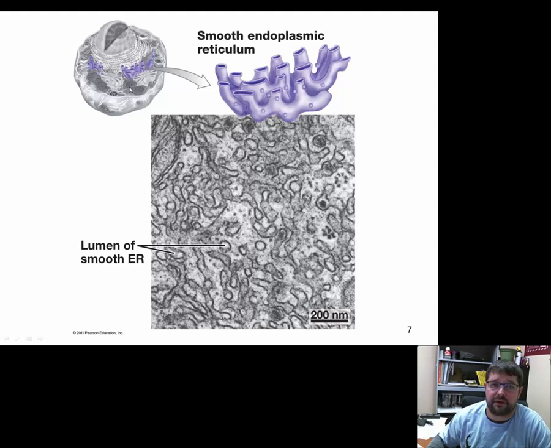It's not just different because it has no association with ribosomes. It's also not directly attached to the nuclear envelope. So it's sitting out here off of the rough ER. Here you can see those vesicles. Again, same kind of system where this smooth endoplasmic reticulum is going to be constructing things like fatty acids and phospholipids.